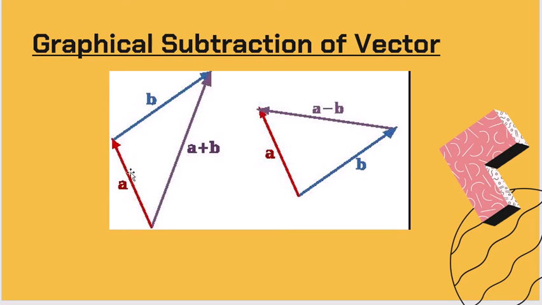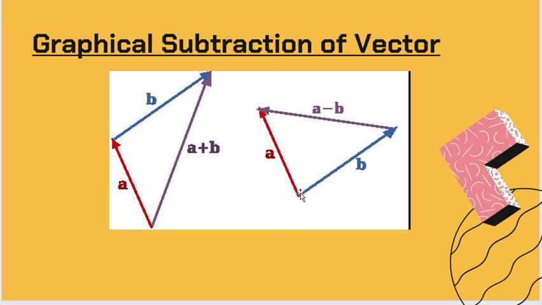Next, we have the graphical subtraction of vectors. If you will notice, based on the given computation of the commutative and associative addition of vectors, this is the indicator. How does a vector become a subtraction? When you start from the given point of vector A, then follow by the head, and at the head you start again with the tail of vector B, that will result in A plus B. But when it becomes subtraction, A minus B, you start from the given tail of point A, this is your vector A, then you start again from this point to get the given line from head to head.